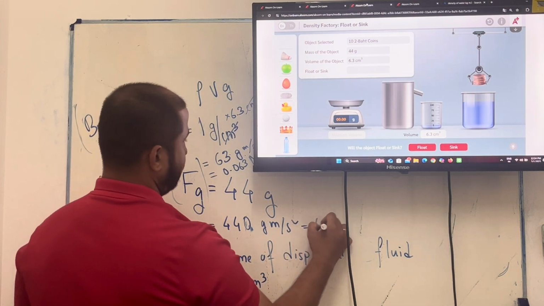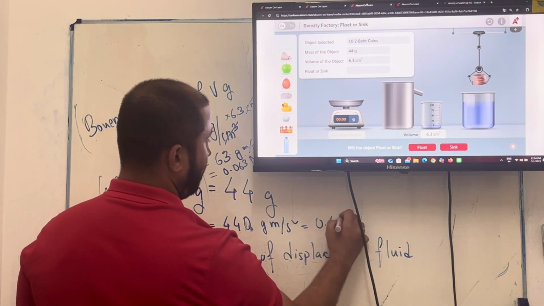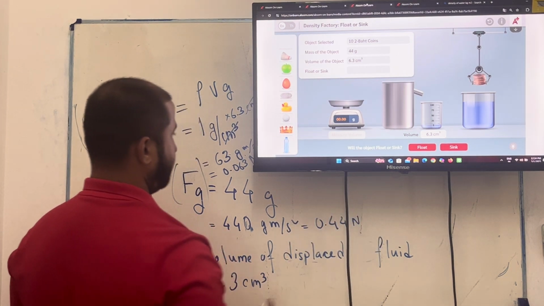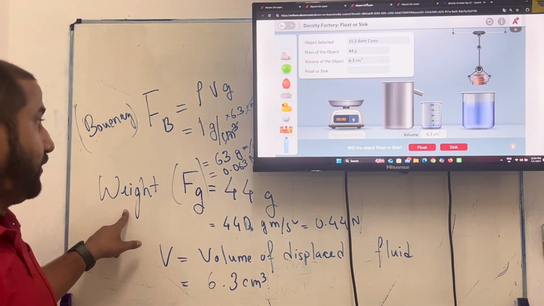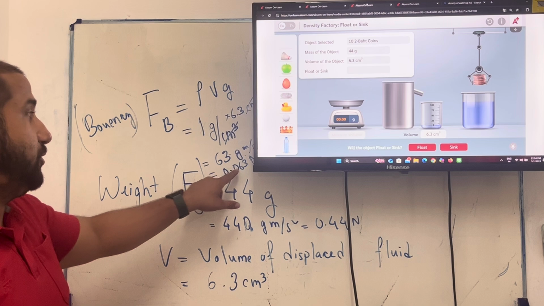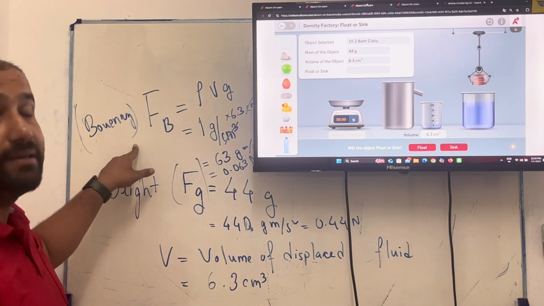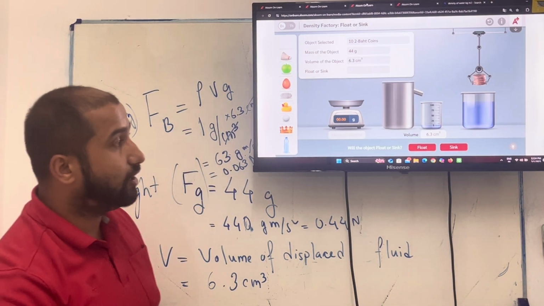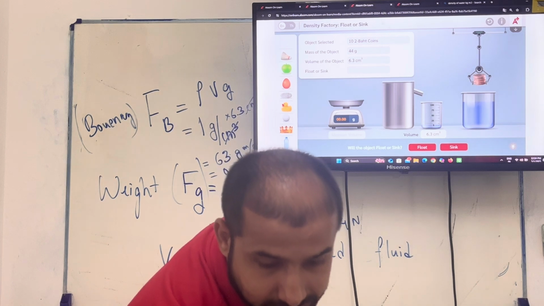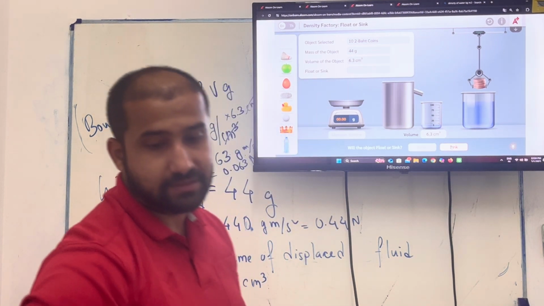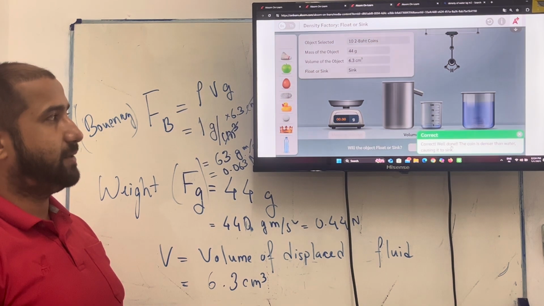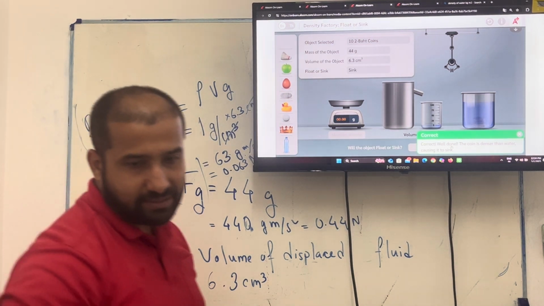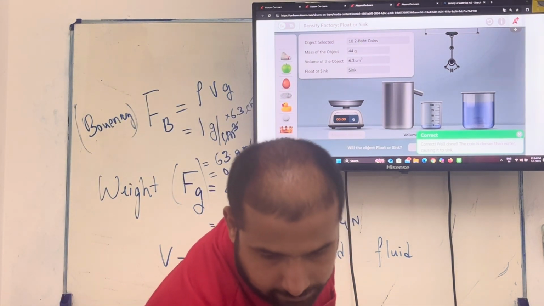That means 0.44 Newton. Now, since 0.44 is less than the 0.63, the buoyancy force, what will happen? The object will sink as soon as we drop it. Okay? Now, it's your turn.